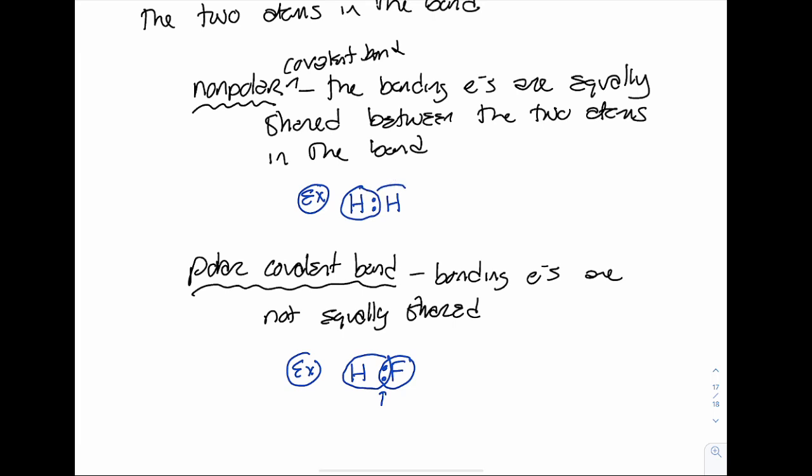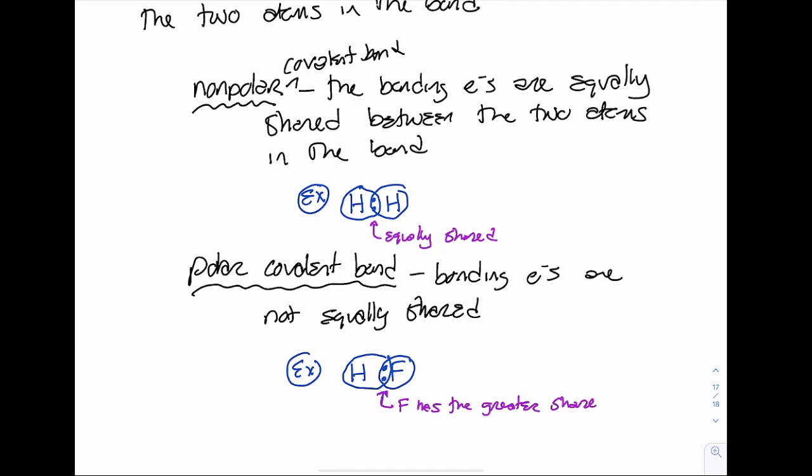In the first example, they're in the middle, equally shared. And in this example, fluorine has the greater share. Again, be really careful. Hydrogen still has a share, it's not ionic, but fluorine has the greater share.